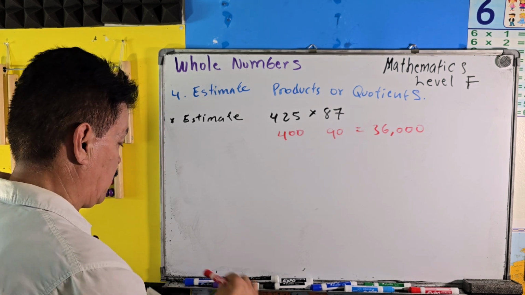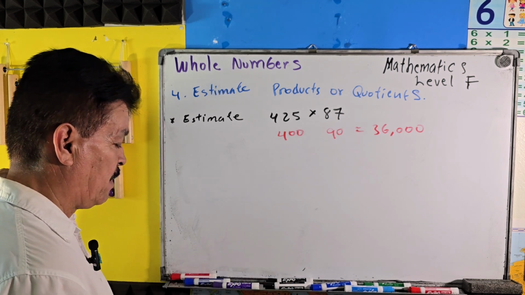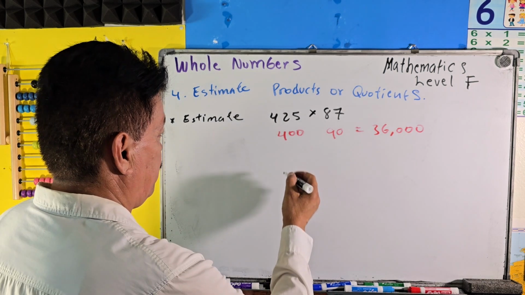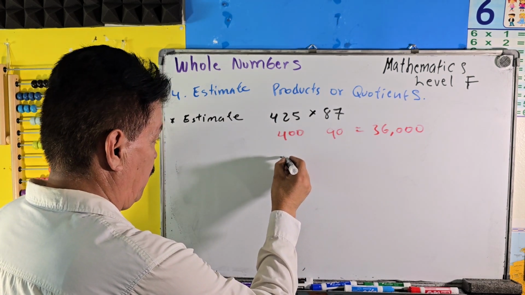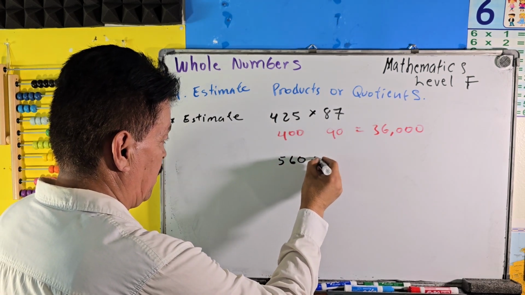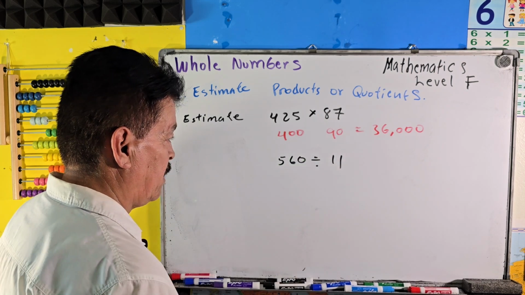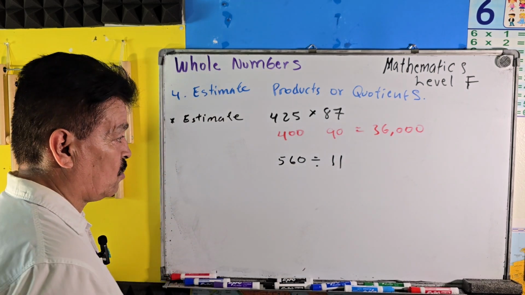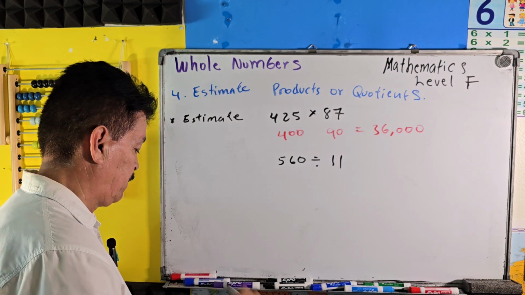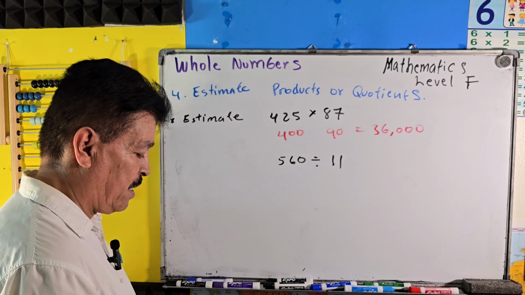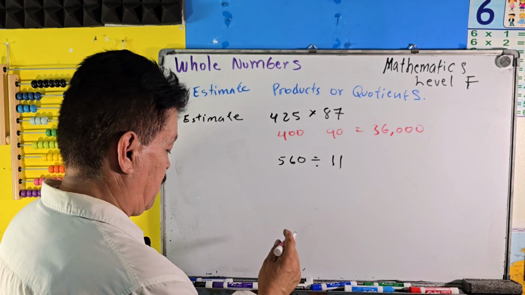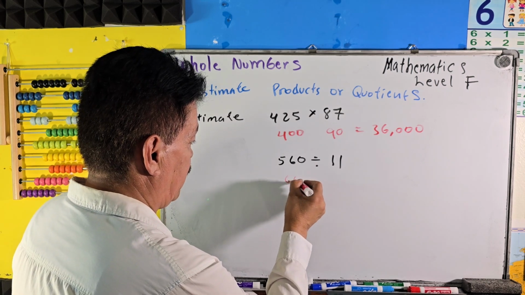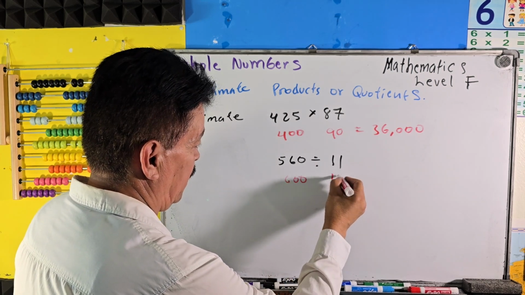Let me write another example here. For example, we have 560 divided by 11. So how do we estimate the quotient? Here we have 60 divided by 10.